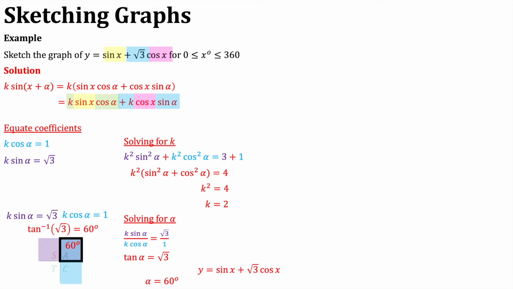So we can now express y equals sine x plus root 3 cos x in the form y equals k times sine of x plus alpha, and that is y equals 2 times sine of x plus 60. So I now have all of the information that I need to be able to draw the graph.